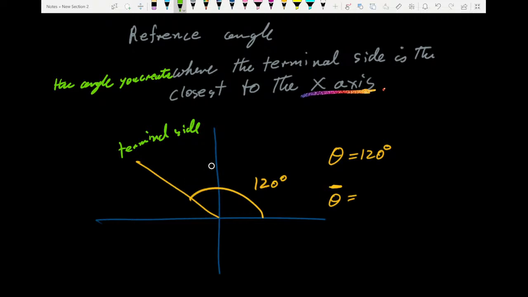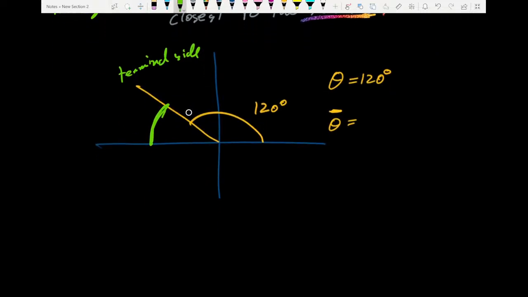So I'm not looking at this y-axis. This is the y-axis, not good. I have to look at this angle right over here. Given the whole thing is 180 and theta is 120, what's the reference angle? 180 minus 120, you get 60 degrees. So the reference angle is 60 degrees in this case.